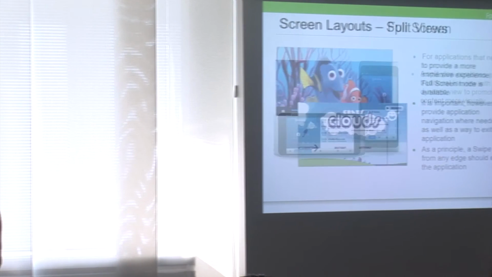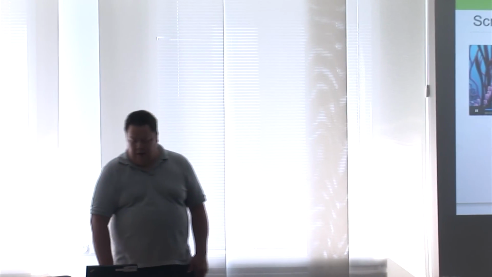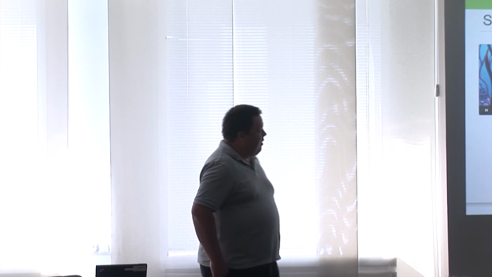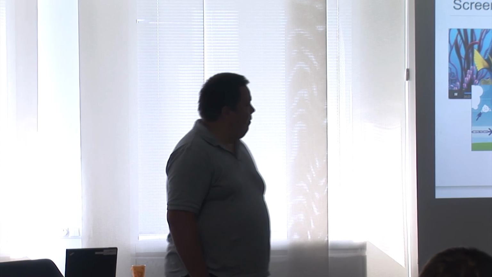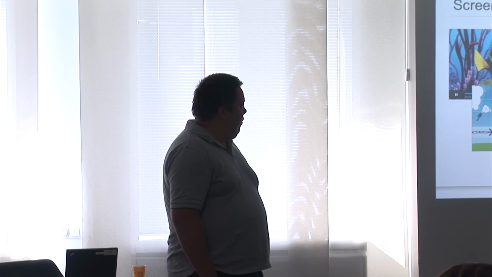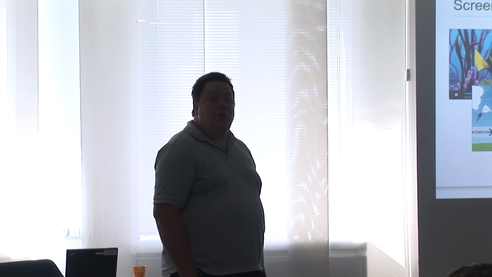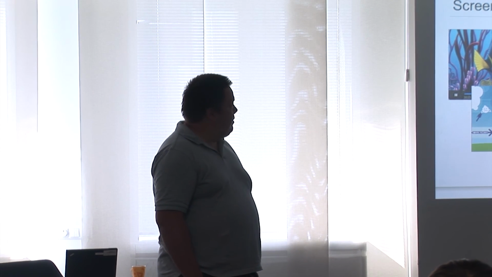Okay, so lists, grids, split views, and full screen. Full screen is typically something where you want to provide totally your own content. Games, OpenGL, is the typical example where it's not useful anymore to use the QML components.